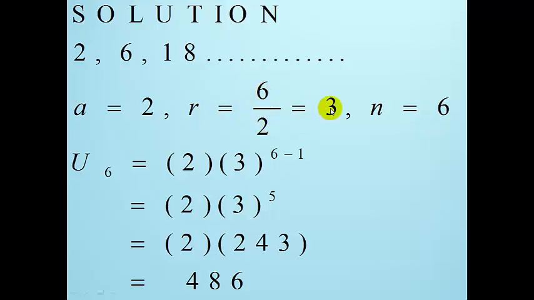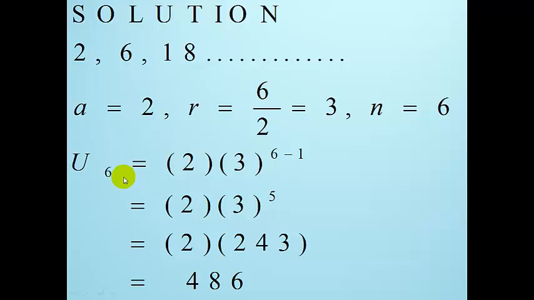Now, from the question, we have to find the sixth term. That means that n is equal to 6. So by substitution, u6 equals 2 times 3 exponent 6 minus 1, because the nth term is given by ar exponent n minus 1.